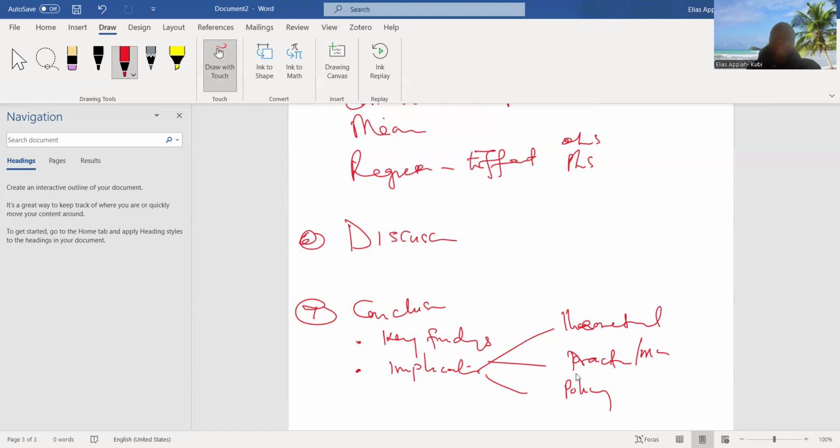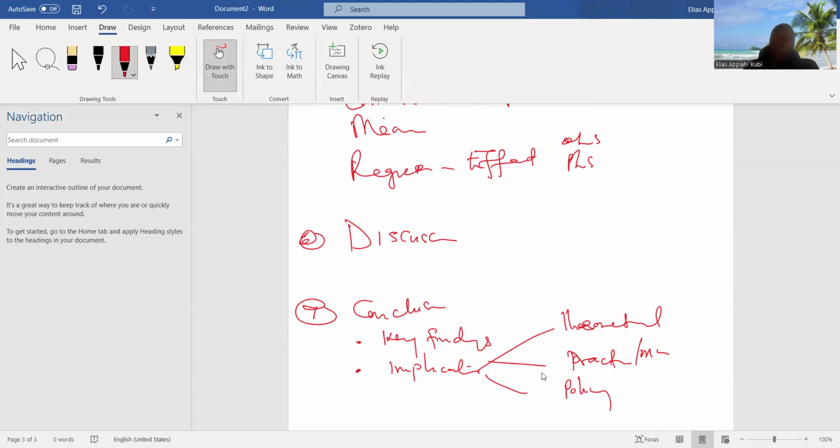Okay, we can bring out recommendations for managers or businesses. And we can bring out recommendations for the theory, okay? That's the theoretical contribution. So what the findings mean, okay, in contributing to the theory, what is already known, that is the theoretical implication.